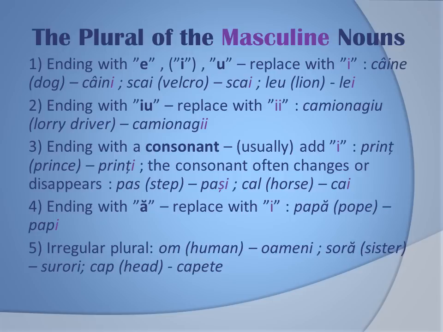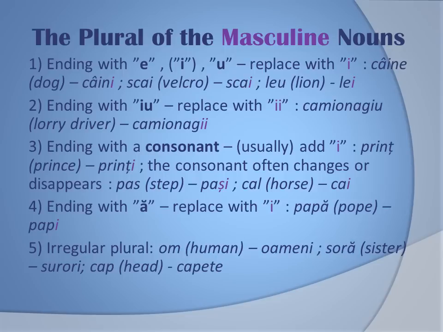There are also cases in which the consonant at the end often changes, or it can disappear. So we have pas, step, which becomes pași, and we can see that s becomes sh. And the next example, cal, horse becomes cai, and we can see that l disappears and it's being replaced by i, cal, cai.